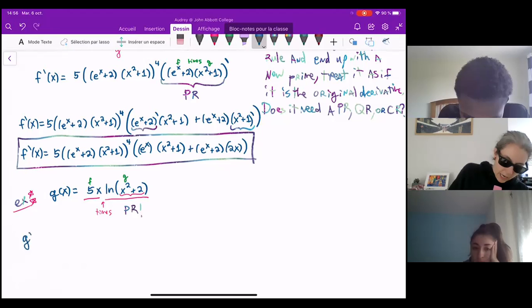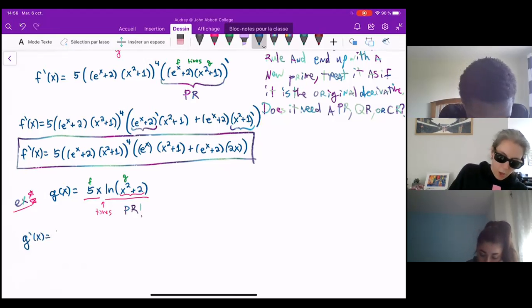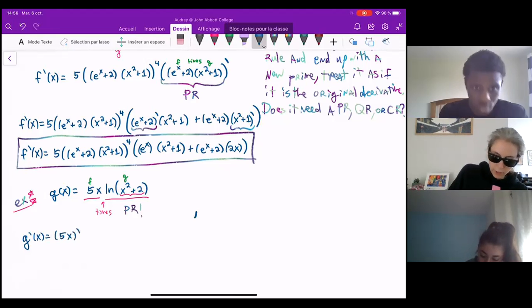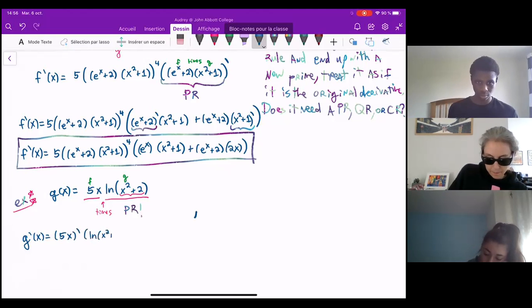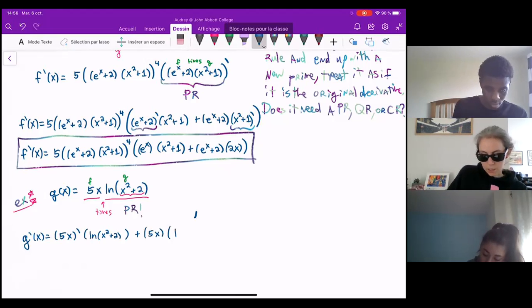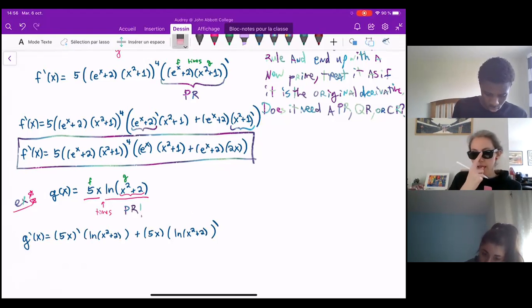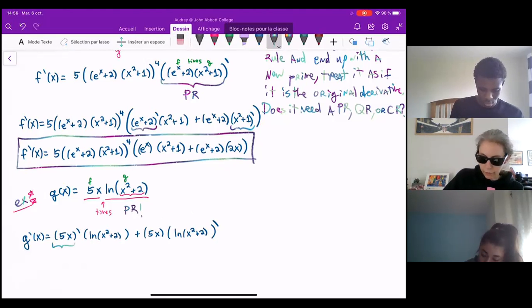So I'm going to immediately apply my product rule, which says the derivative of the first times the second plus the first times the derivative of the second. And so when I applied that product rule, I have two things primed in my product rule. So I have two things for which I need the derivative.